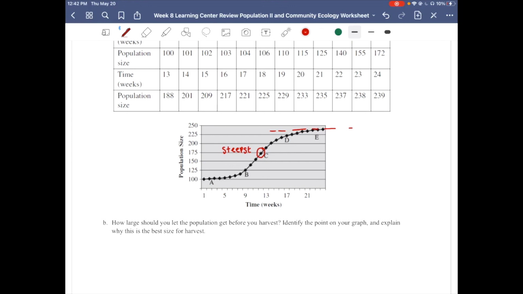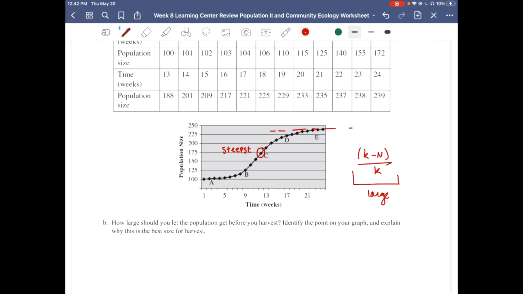When the population size n is very small, then the K minus n divided by K, this whole part of the equation, will get large. But there are so few individuals in the population that the gain number is also relatively small.